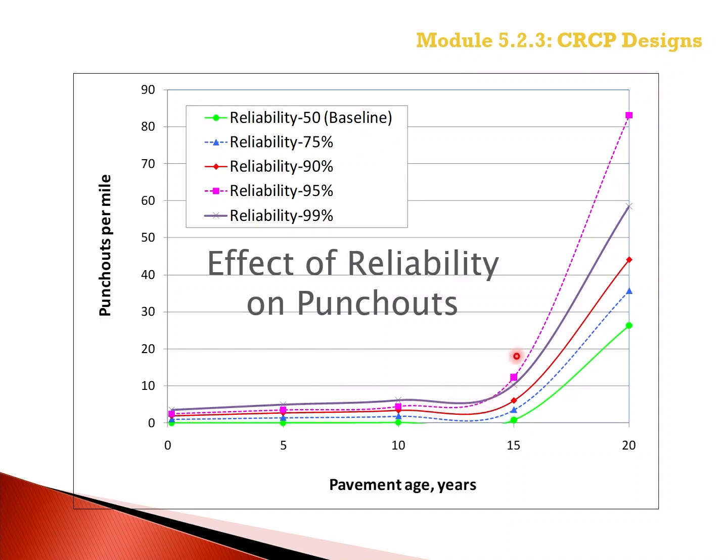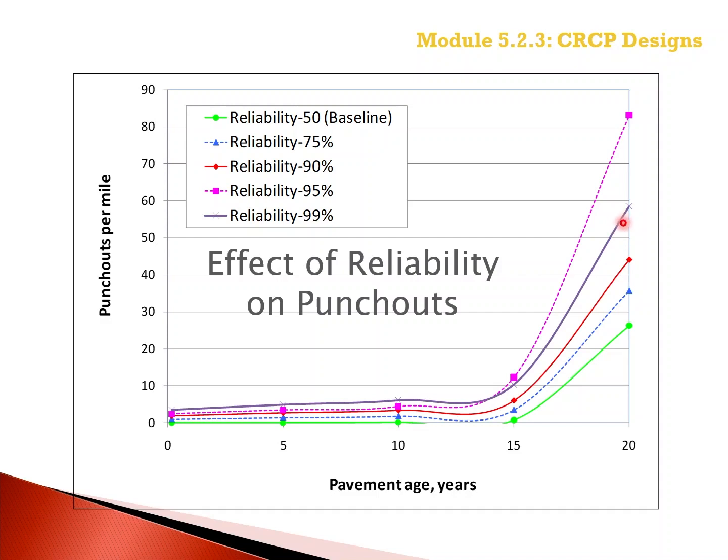So starting with the standard deviations of the residuals from the global calibration, this is an example of the impact of reliability on punch out. So the green is a 50%, that's the baseline, the mean value, 50% reliability. The dashed blue is 75. The red is a 90% reliability.